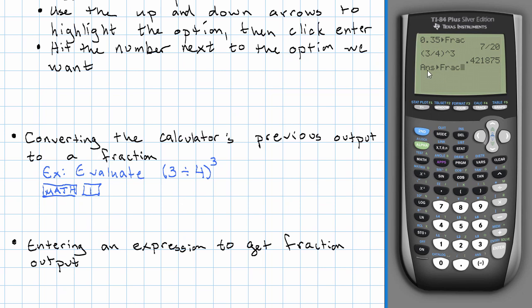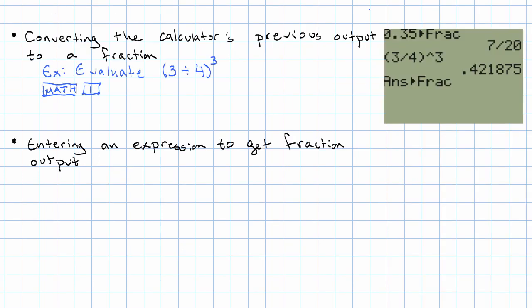Notice the calculator has ANS. Notice on the calculator screen this ANS. That means the answer to the previous calculation. So in this case, the calculator is inserting this awful decimal at this ANS.